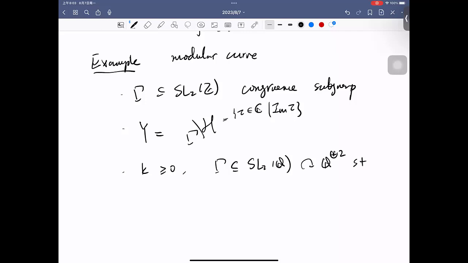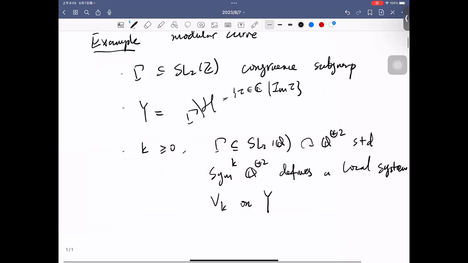So this is the standard representation, and we can consider its k-th symmetric power. This defines a local system, let me denote it by V_k, on my modular curve.